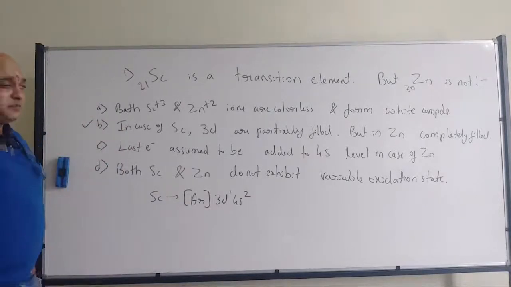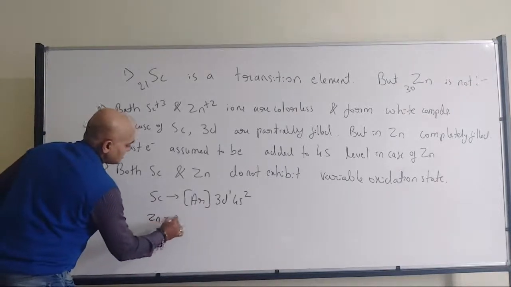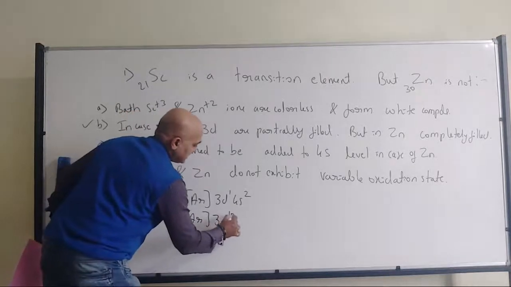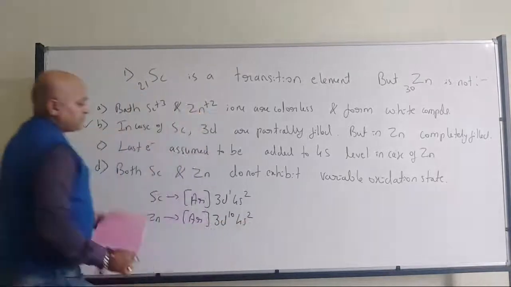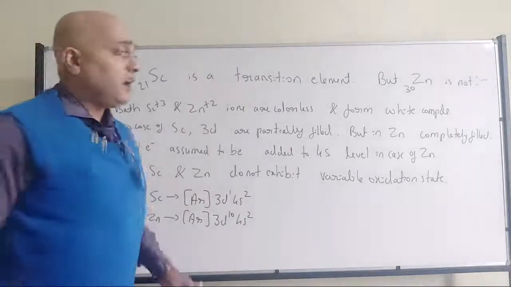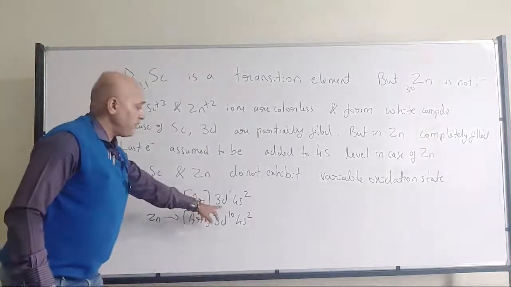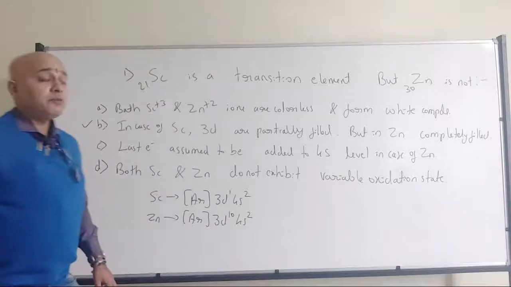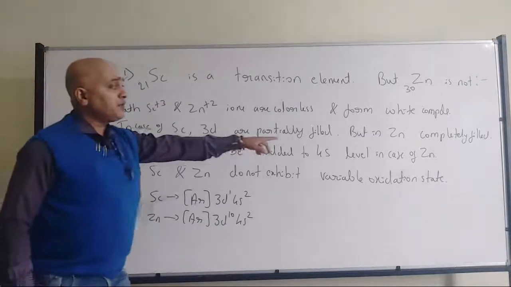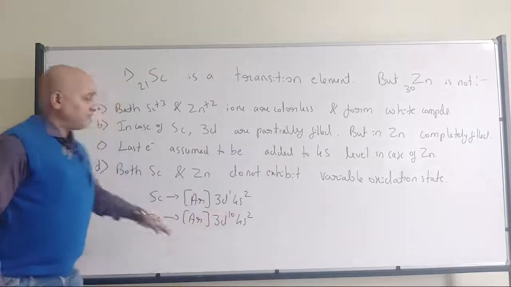Now when it comes to zinc, which is the last element, the electronic configuration will be 3d10 4s2. So these are the electronic configurations. Now the second option is where it is partially filled and completely filled. If I see option C, added to the 4s level in case of zinc, there is no such option, it is completely filled.